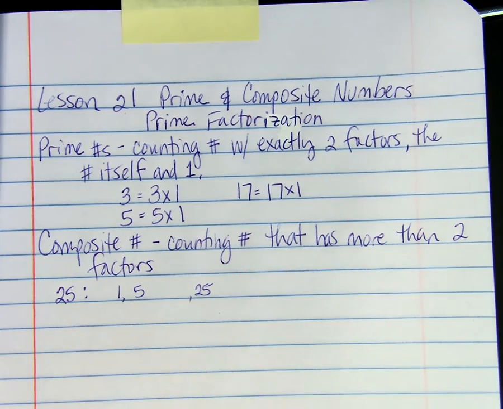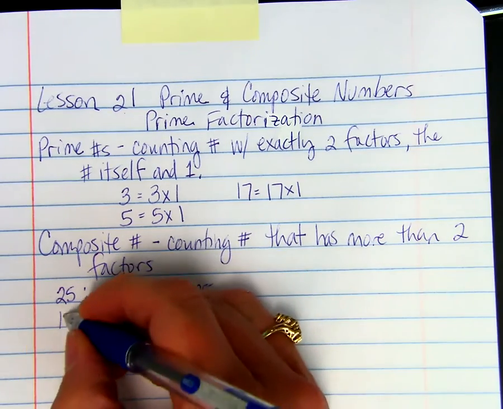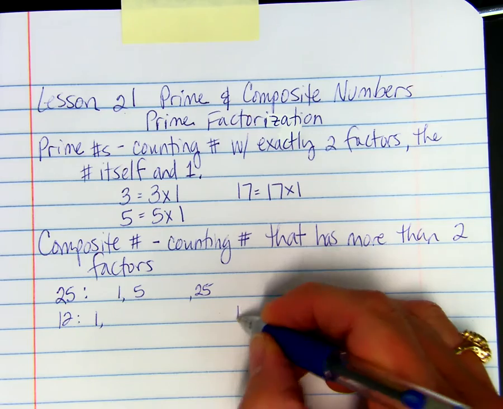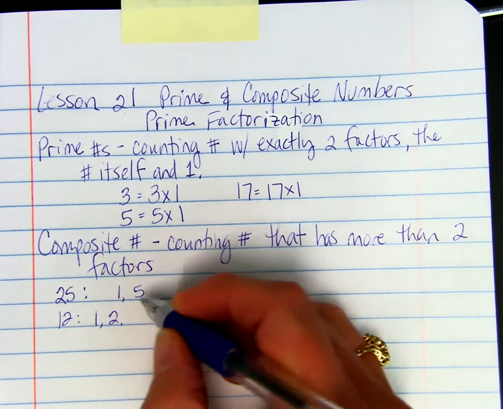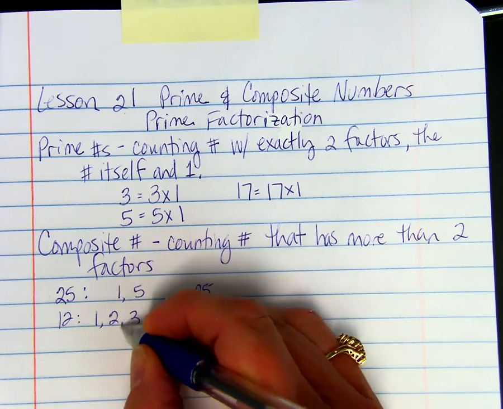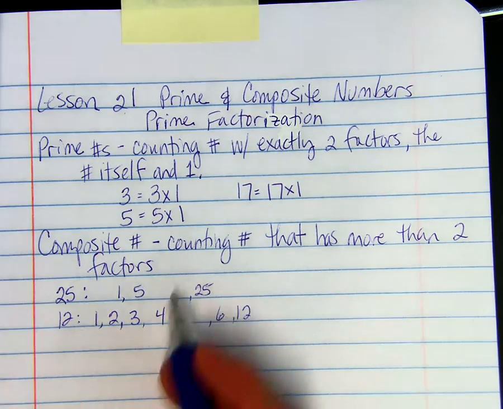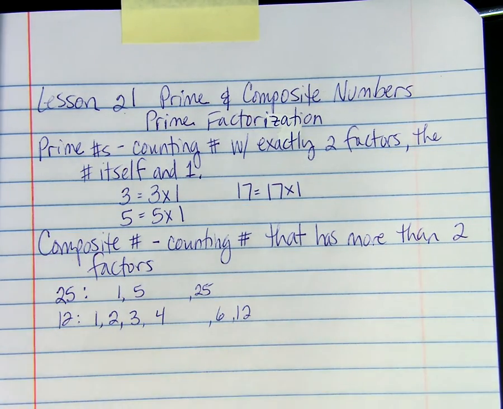So those 3, 1, 5, and 25. 12 has the factors 1 and 12, 2 and 6, and 3 and 4. So these are composite numbers because they have more than 2 factors.